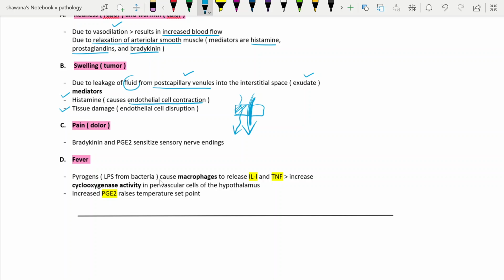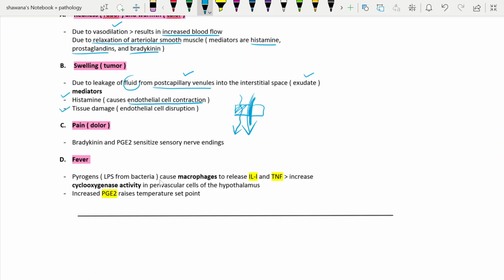What are pyrogens? Pyrogens are products from bacteria, or fever-causing agents. An example is the lipopolysaccharides from the bacteria. They cause the macrophage to release interleukin-1 and tumor necrosis factor. These increase the cyclooxygenase activity in the perivascular cells of the hypothalamus. What is the function of cyclooxygenase?